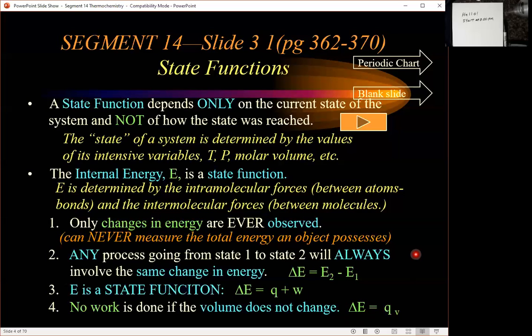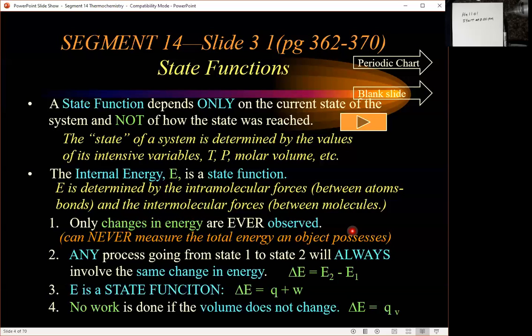Now, this is really, really critical that you understand this: if I measure heat flow at constant volume, I get delta E, and I measured it along that constant volume process. But delta E is a state function, so it doesn't matter in reality whether it's at constant volume or constant pressure.